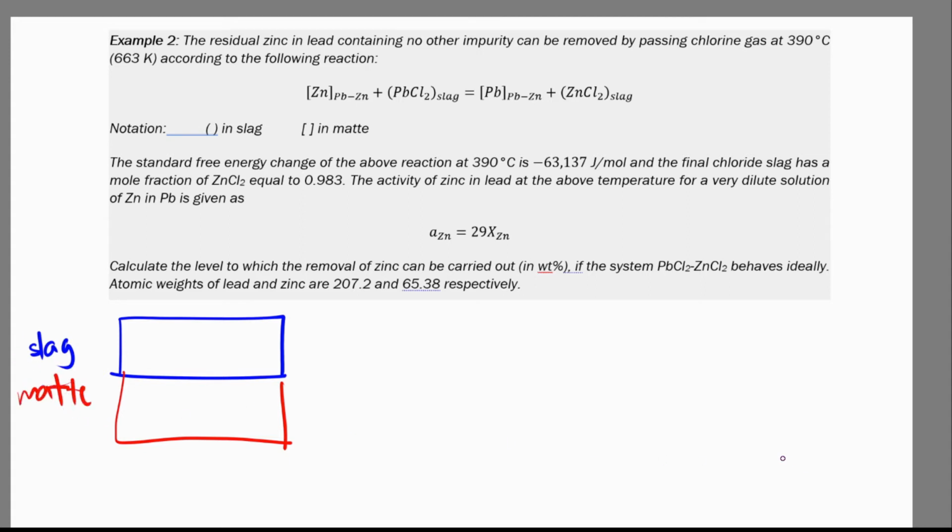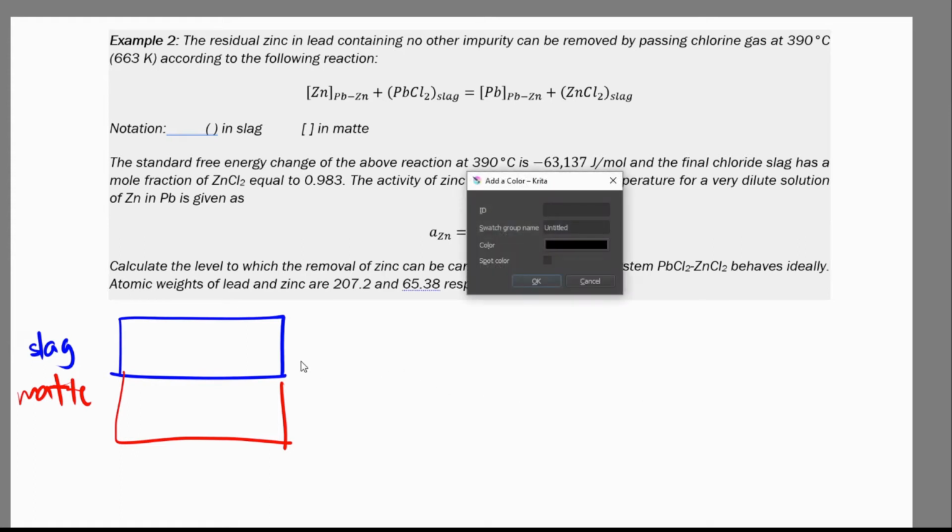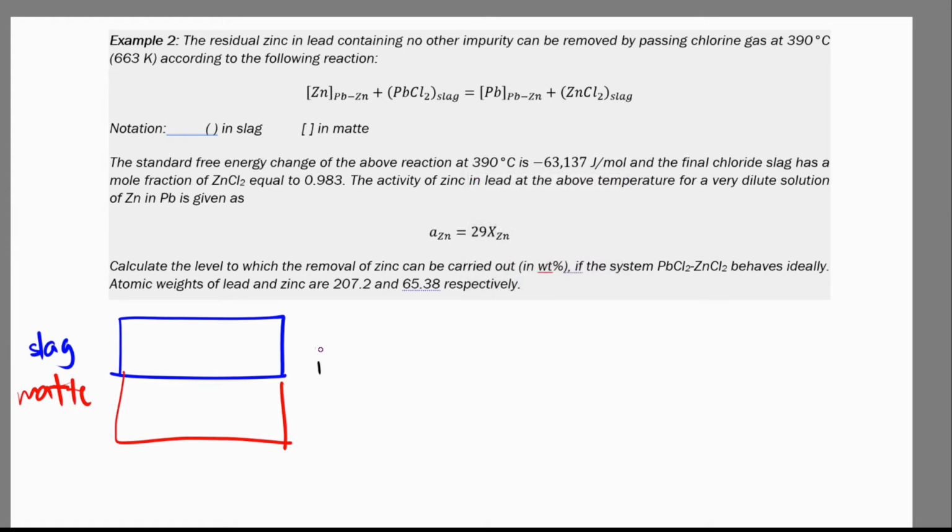In extractive metallurgy, basically the slag and the mat are two immiscible solutions. They don't mix, kinda like oil and water.